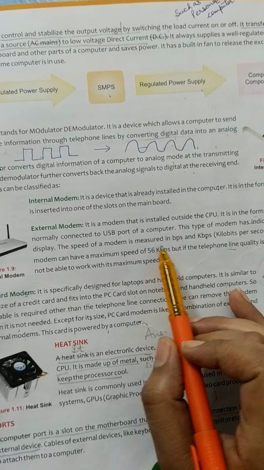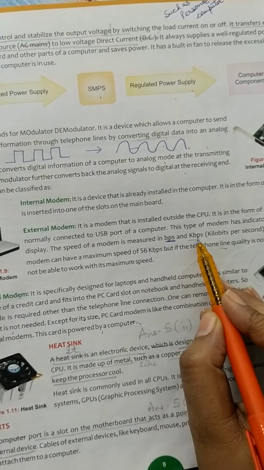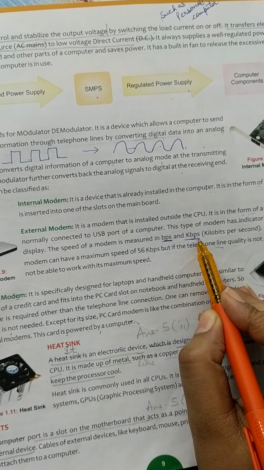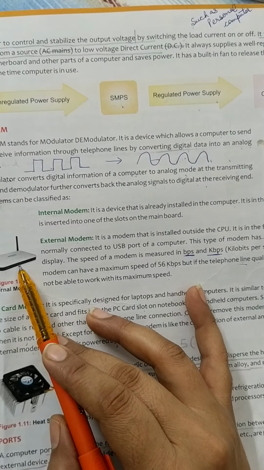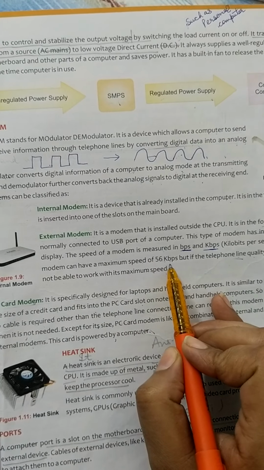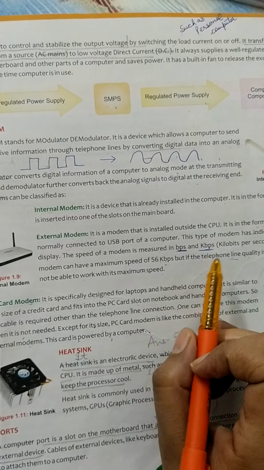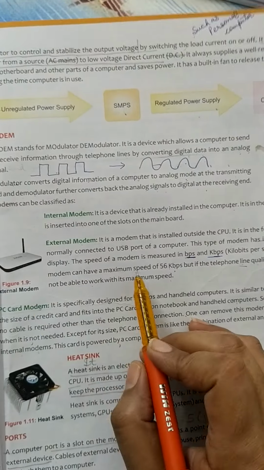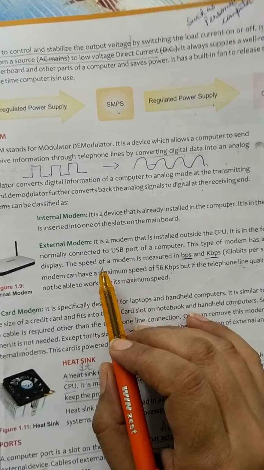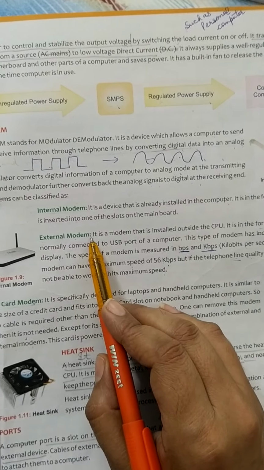And speed is measured in bps, means bits per second, and kbps means kilobits per second. Maximum speed of modem is 56 kbps, but if the telephone line quality is not good on your system, then it will not work with its maximum speed. So everything depends on telephone line while using the external modem.